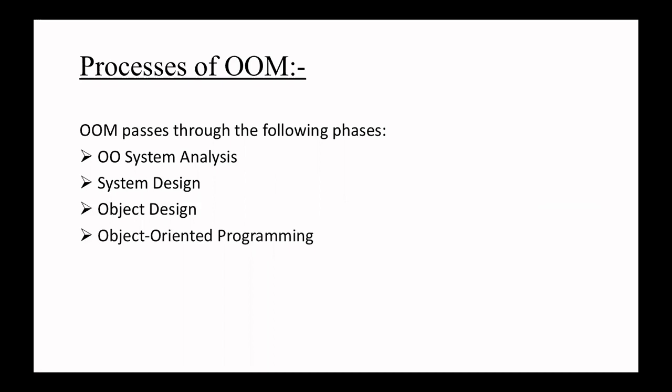Now I am discussing OO system analysis. OO means object-oriented system analysis. In this step, a statement of the problem is formulated and a model is built by the analyst encompassing the real world situation.